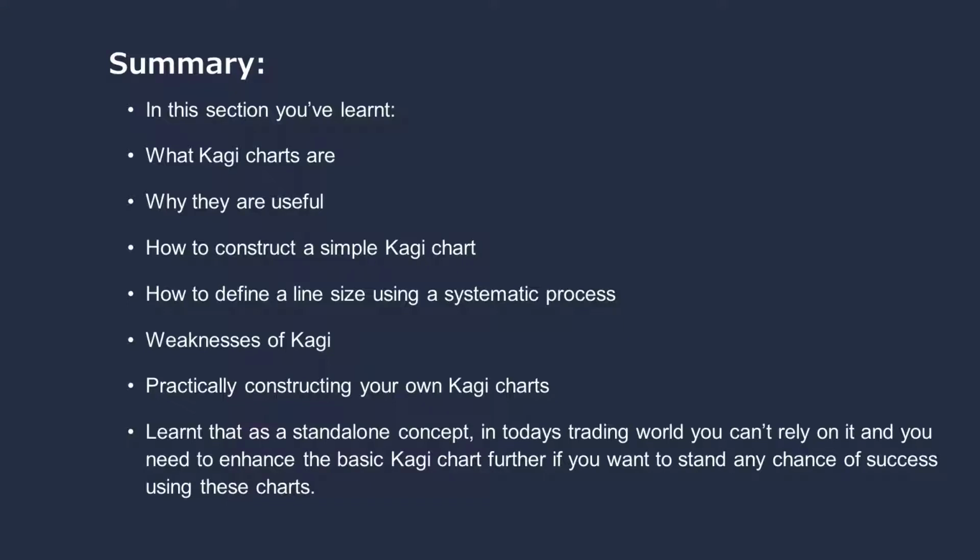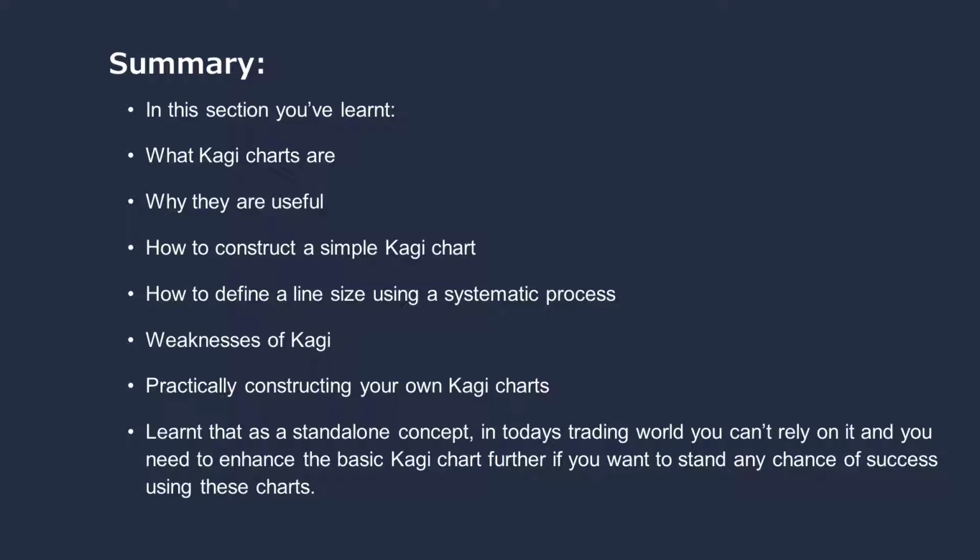So let's summarise section 2. What have we learned? Well, we've learned what Kagi charts are, why they're useful, how to construct a simple Kagi chart, how we can define a line size approach using a systematic process. You can use 3 methods that I've highlighted, or you could use my more adaptive approach.